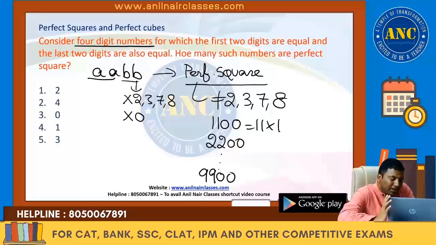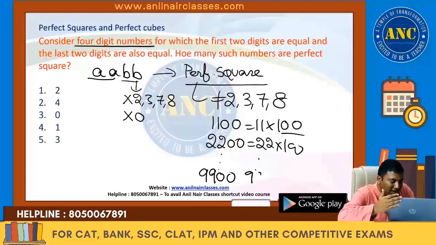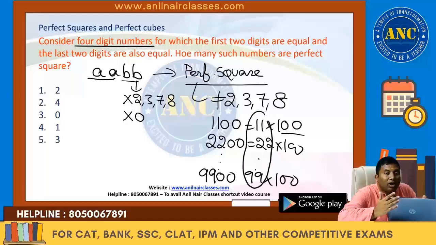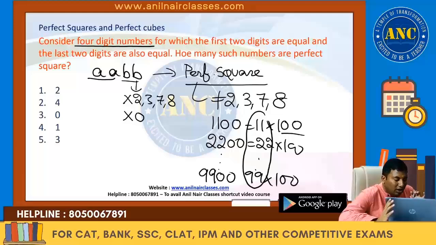This will become 11 into 100. 100 is a perfect square, but 11 should have another 11 to become a perfect square. 22 into 100. These numbers 11, 22, 33 and so on up to 99 contain only one multiple of 11. So therefore 0 is not possible. Are you all with me?